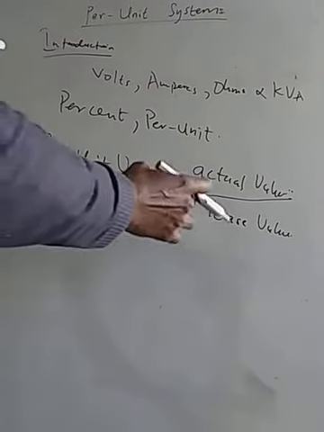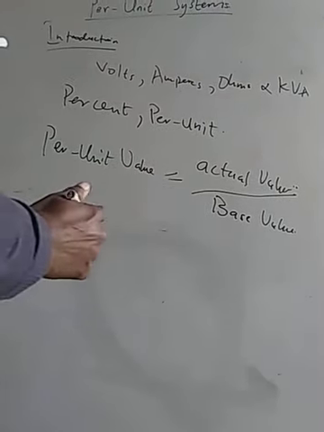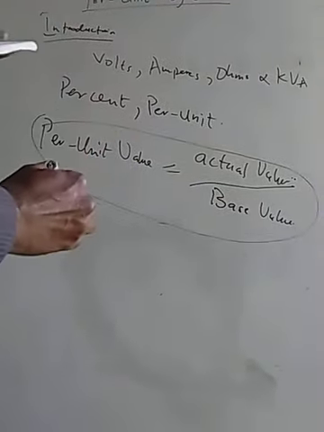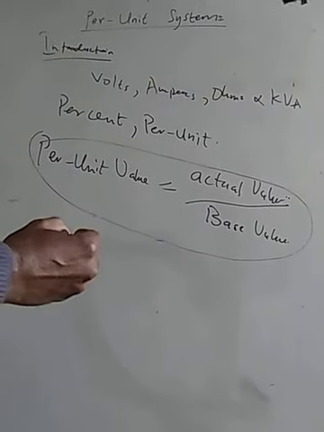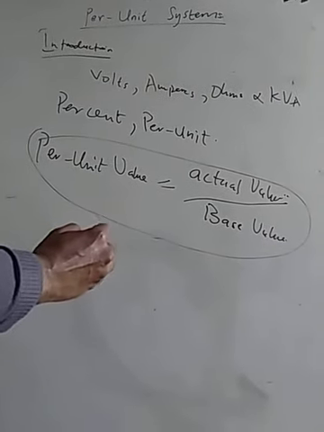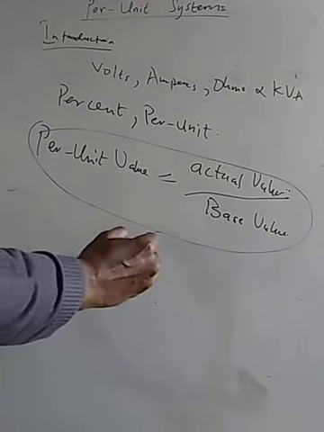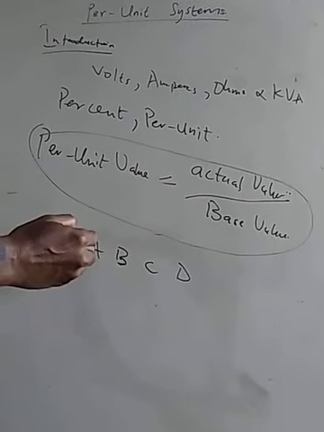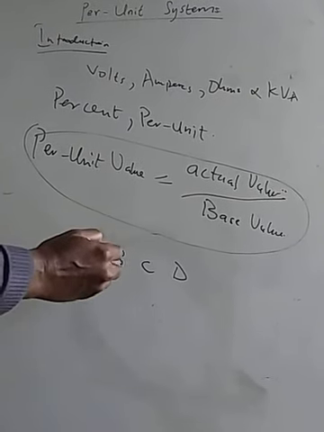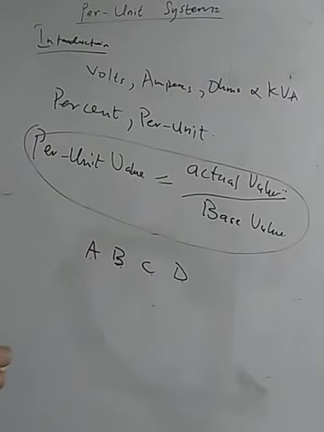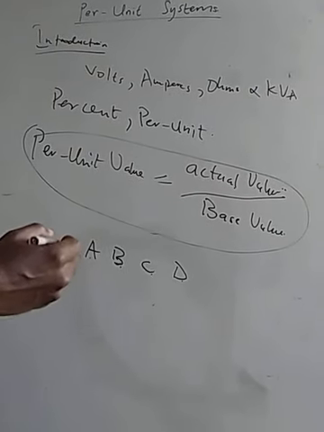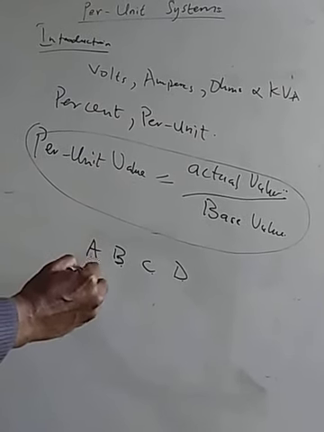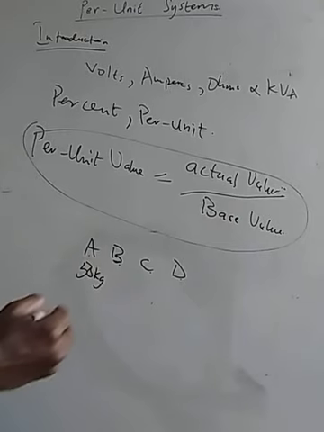Let me give you an analogy to help us understand how per unit system works. Let us take, for example, you have 4 guys: Mr. A, Mr. B, Mr. C, Mr. D. Let us assume that their weights are: Mr. A weighs 50 kg.